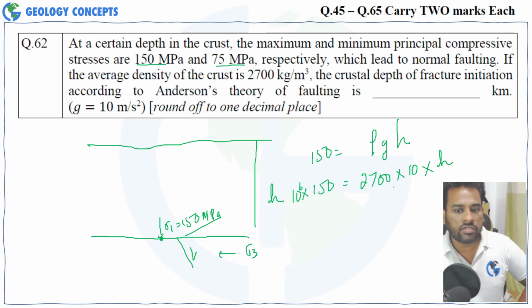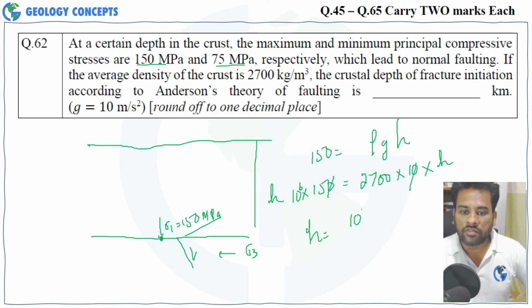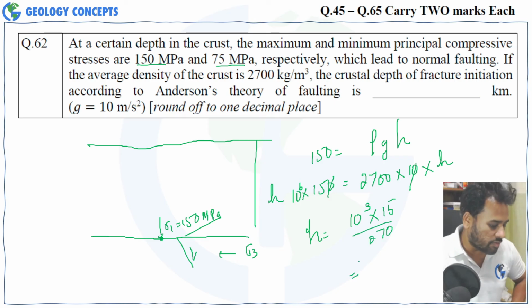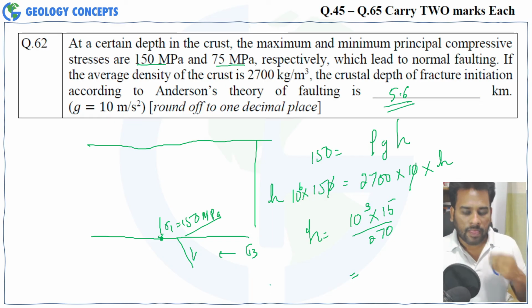Now everything is in SI units, so we can calculate the value of h. We have to calculate it in kilometers, so it will be 10 to the power 3, into 15 upon 270. If you solve this, you will get around 5.6 kilometers, I guess. 5.5 to 5.6 kilometers. Okay.